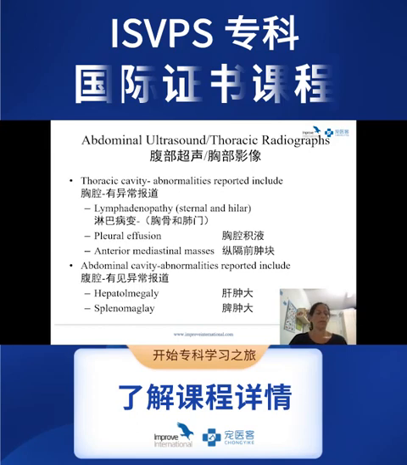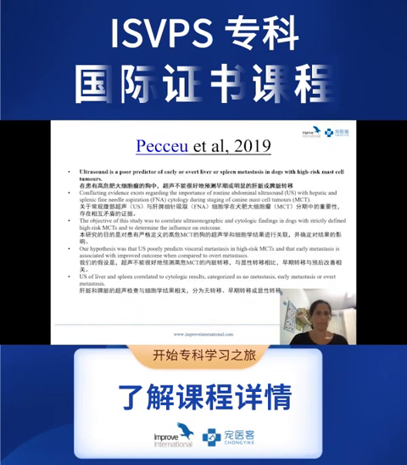The question that people have asked for quite a while is, if you do an abdominal ultrasound and you see that it is normal, is that enough? In 2019, it was published that an ultrasound is a poor predictor for early or overt liver or splenic metastasis in dogs with high-risk mast cell tumors. They actually showed that it isn't enough just to do an ultrasound, that you also need to do aspirates.